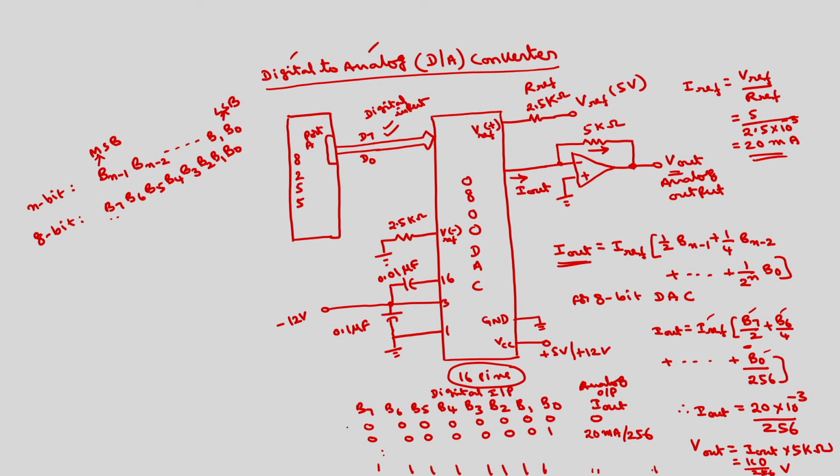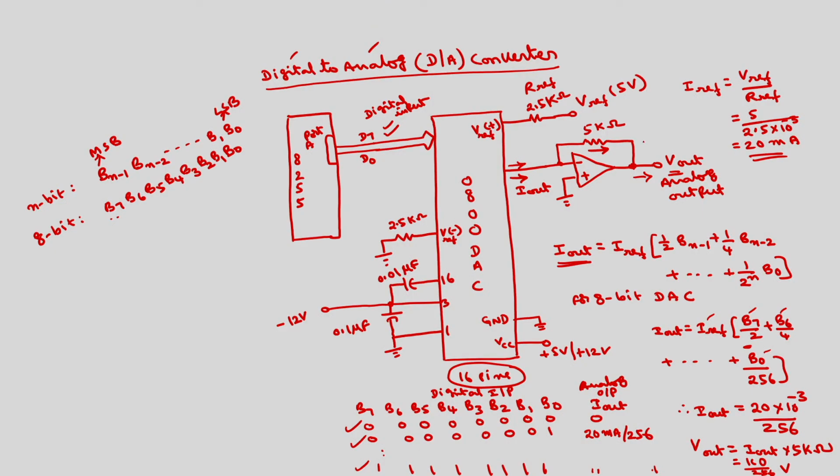So using this 8255, I can give these values. Accordingly, we will get the proportional current, proportional voltage here. Now suppose I want to generate a square wave, if I connect this V out to the CRO, I want to generate here a square wave with a voltage of 0 volts and 5 volts, or 0 volts or 10 volts, it is up to you.